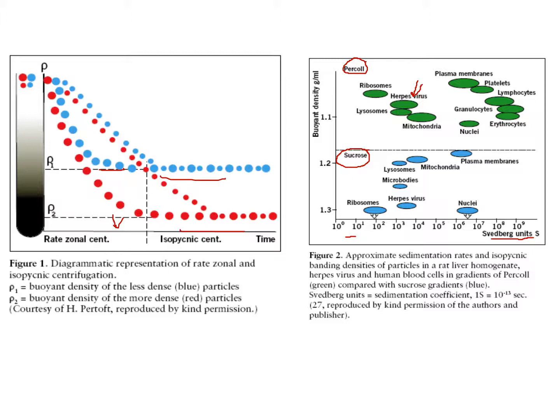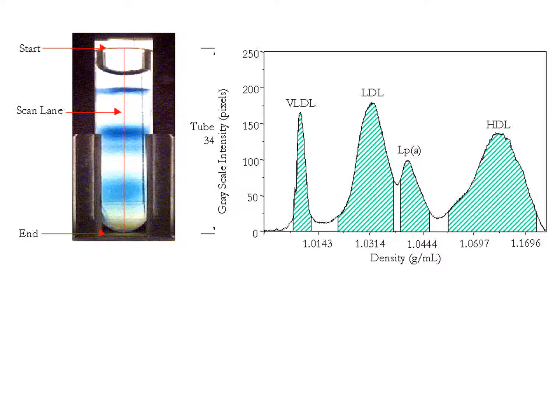But this may be a little bit more. Well, you can see that notice mitochondria and lysosomes, how they're close together with Percoll, but sucrose, they're a lot more separate there. So you can get, depending on what you're looking for, some differential separation depending on the gradient you make here.